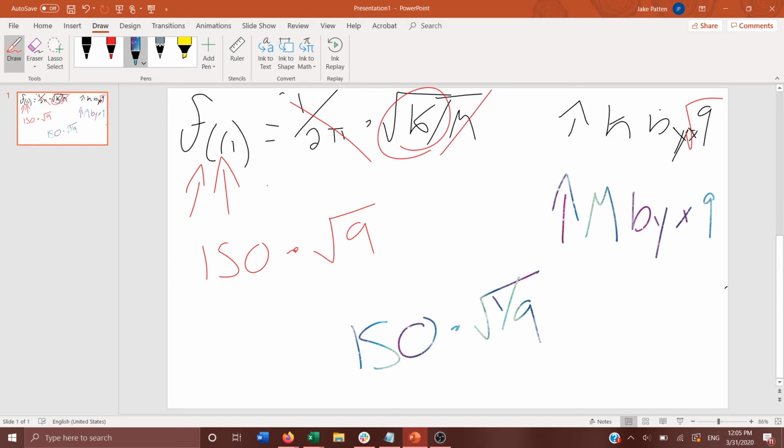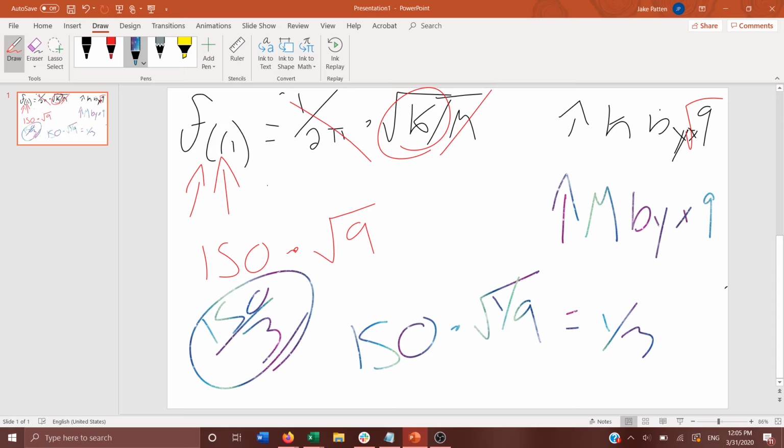The square root of 1 over 9 is 1 over 3, so another way to write that is 150 over 3. So if you increase K by a factor of 9, it's 450. And if you increase M by a factor of 9, it's 50. Cool. Okay, let's move on.